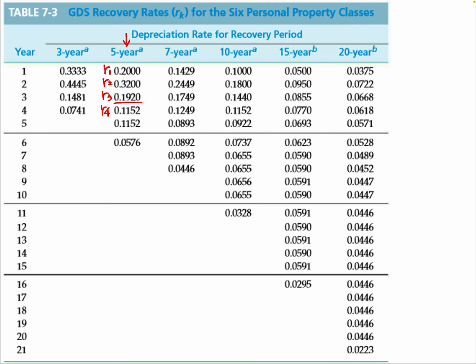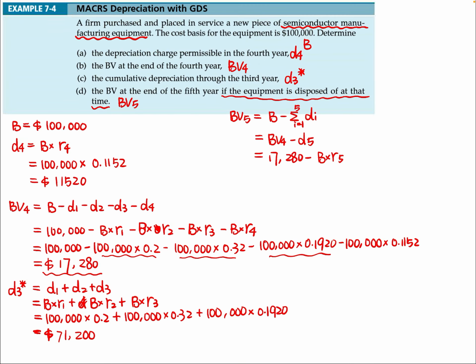But here, are you going to use this R directly? You can't, because it is stated that the equipment is disposed of at the end of the fifth year. So by the requirements of the half-year convention, you can only take a half-year depreciation deduction for that year. So here you have to make it a half. This is why you want to make it half.